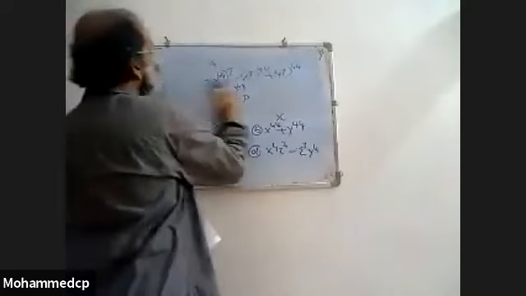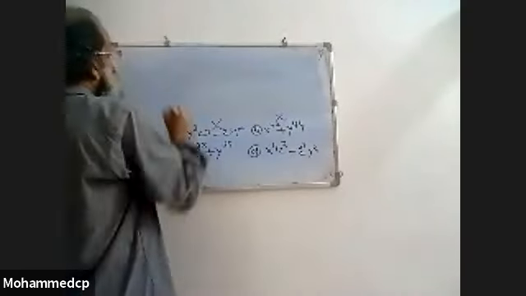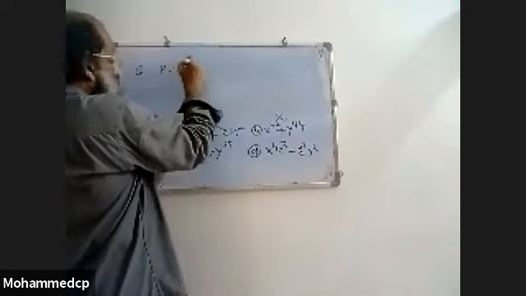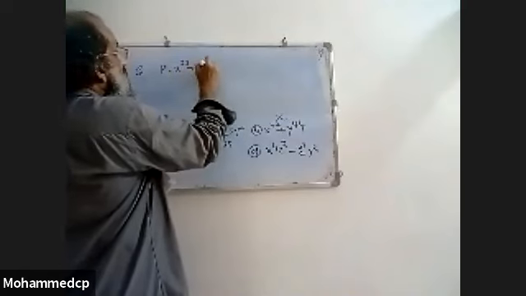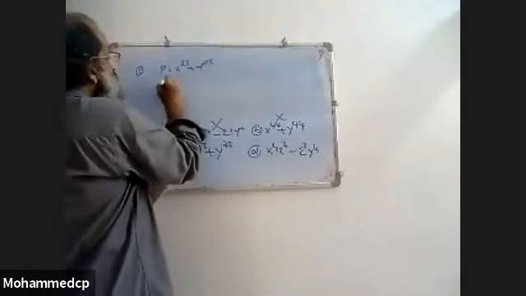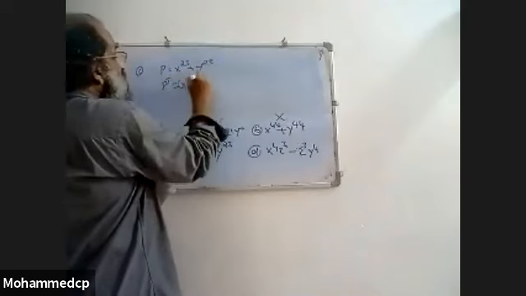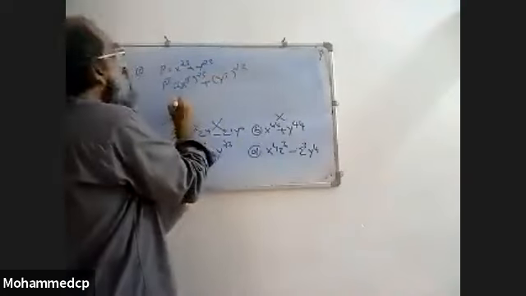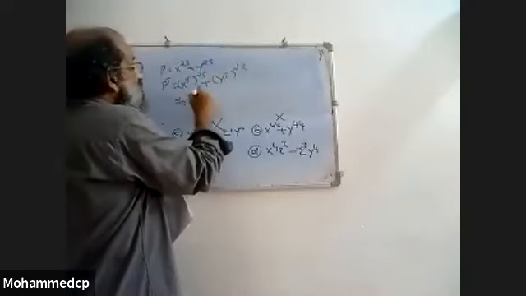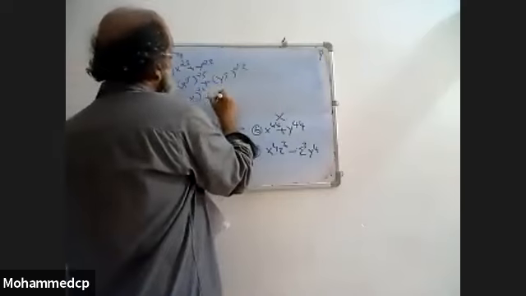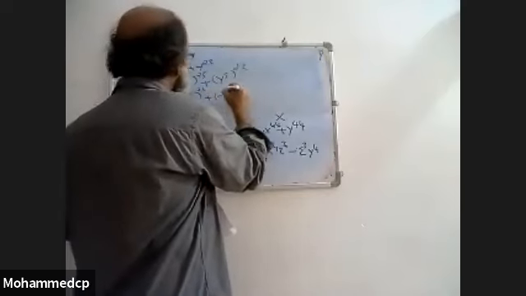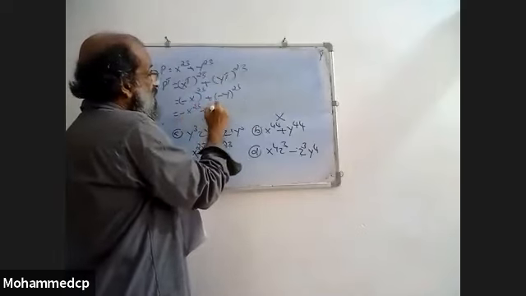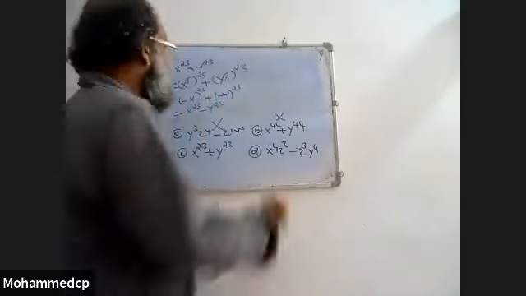Now, in the third option, we have P equals X raised to 23 plus Y raised to 23. P transpose is X transpose raised to 23 plus Y transpose raised to 23, equal to minus X raised to 23 plus minus Y raised to 23, equal to minus X raised to 23 minus Y raised to 23.